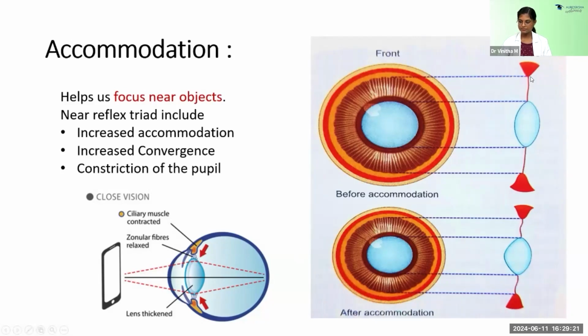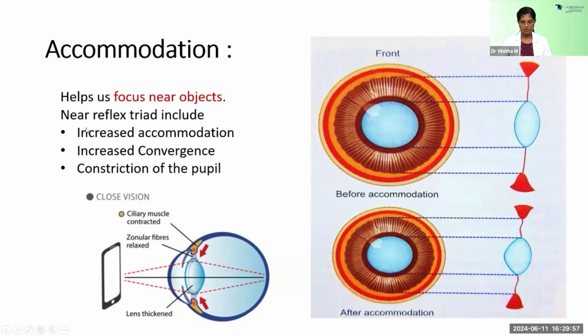Here, the lens is held tight by the zonules, but with the constriction of ciliary muscles during accommodation, the zonules are loosened up. So there is a bulging out of the lens. There is an increase in the curvature of the lens, thus increasing the refractive power of the lens. So it helps in focusing the light onto the retina.